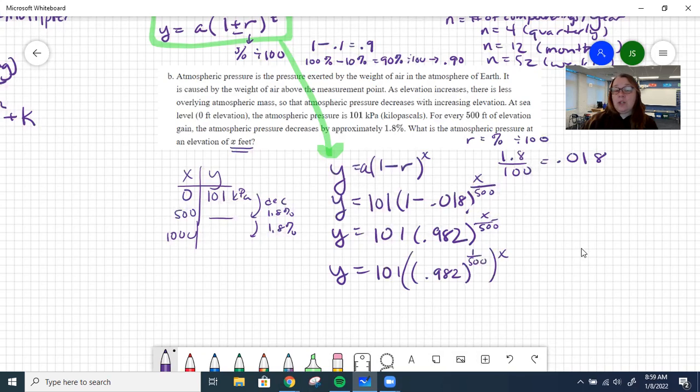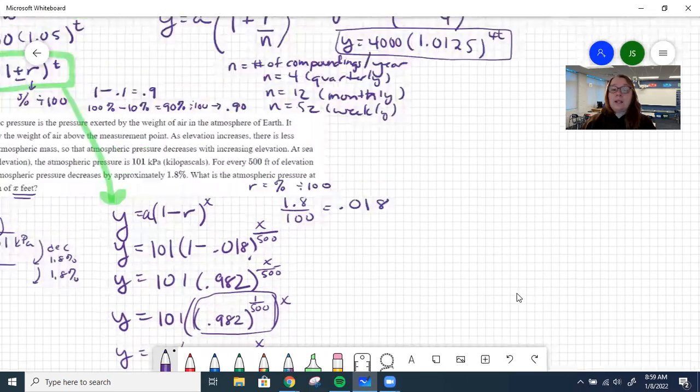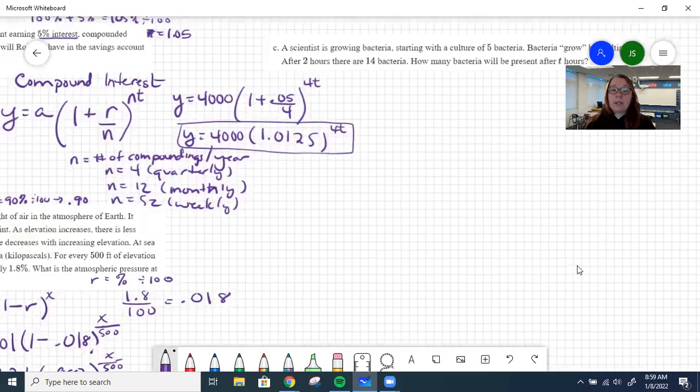So I can do 0.982 to the 1/500th to the x, because remember, power to a power you multiply. And then what you can do is put this into your calculator and get whatever that digit is, and then have it simply to the x power. So that's something that we're going to move into as we go throughout this process.